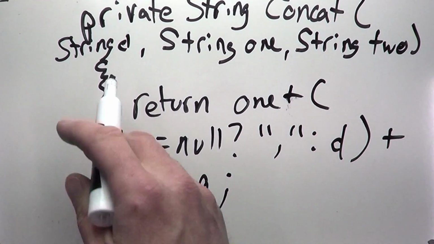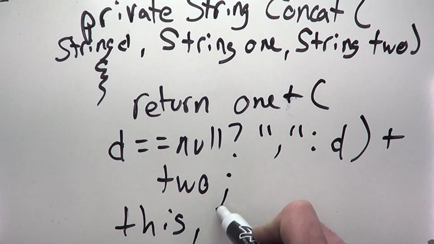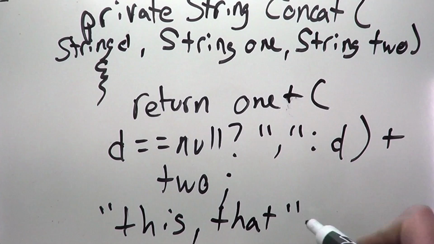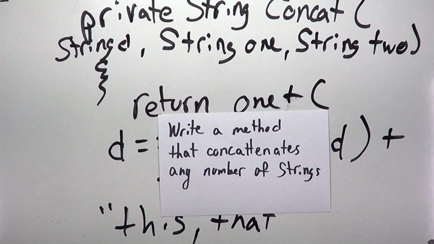So then if you pass in null for the delimiter, you'll get this comma that again, so no big surprise there. So then another great addition to this question is, how about any number of strings, not just 2?